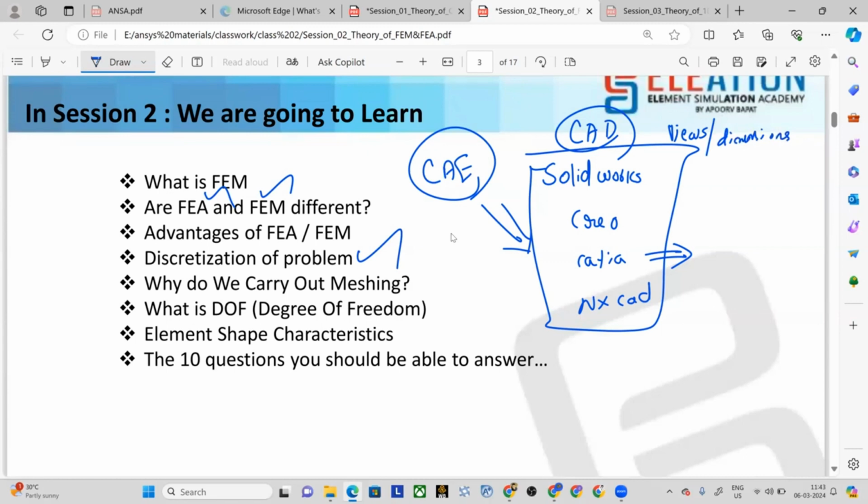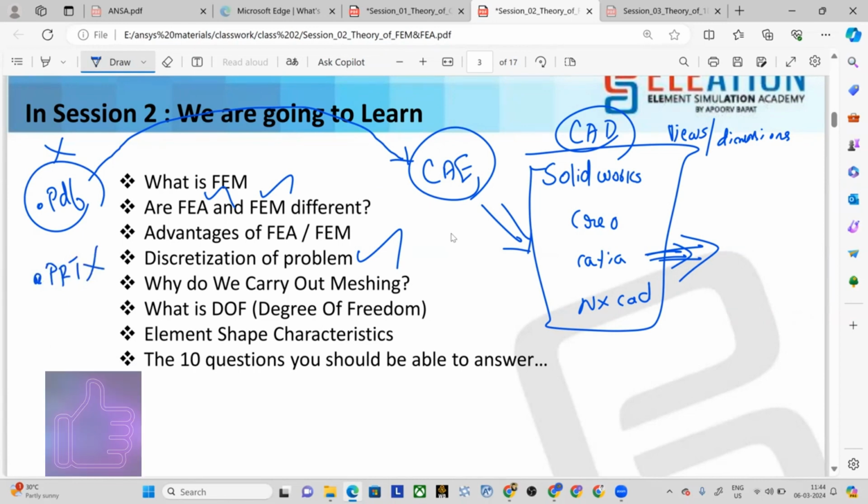And then they will draw and keep this file in a universal graphics standard format. Each and everything has a file extension format. For example, .pdf is a format, but using this PDF format you cannot export the file to computer aided engineering software like ANSA or ANSYS and do the analysis. This is not possible. Similarly, the .prt part format also doesn't work.